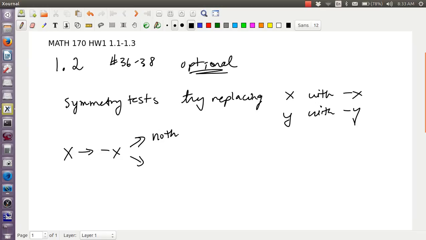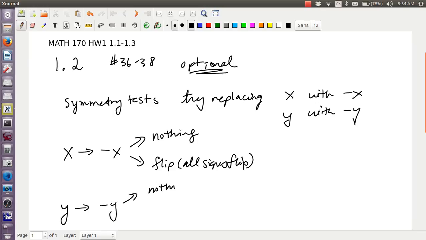Nothing happens and you get a symmetry, or you can get a flip where all the signs flip. And the same scenario happens with y. When you replace y with negative y, either nothing happens or you get a flip. Okay? And in that case, there are just 4 possible outcomes, and let's talk about that.